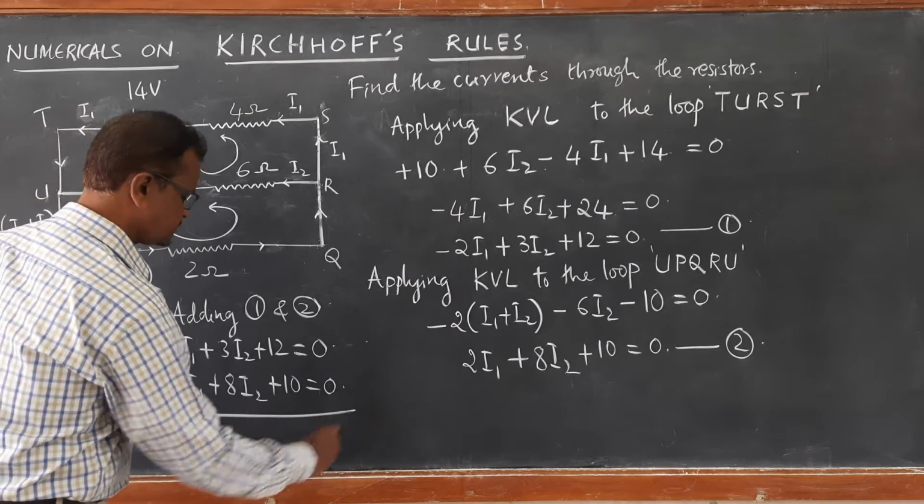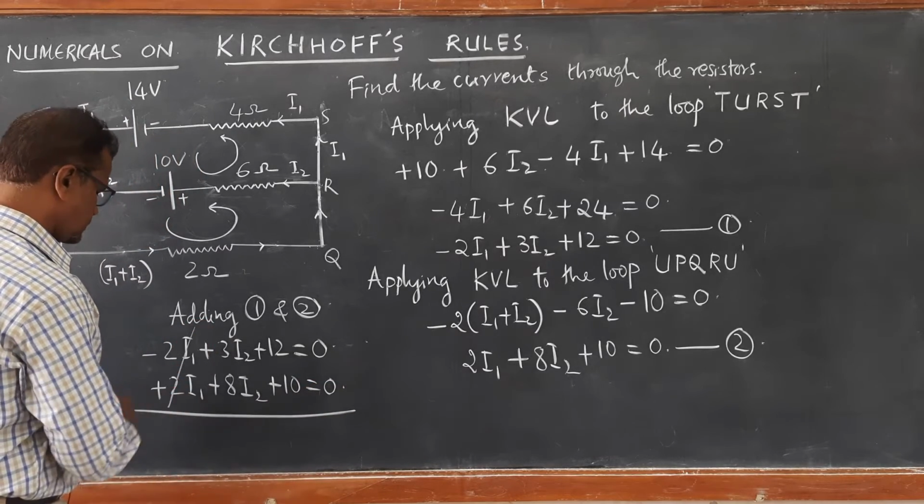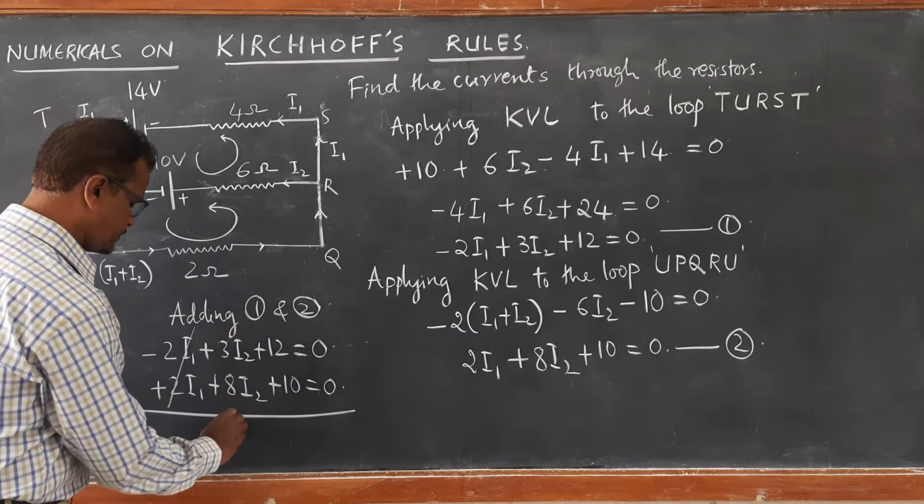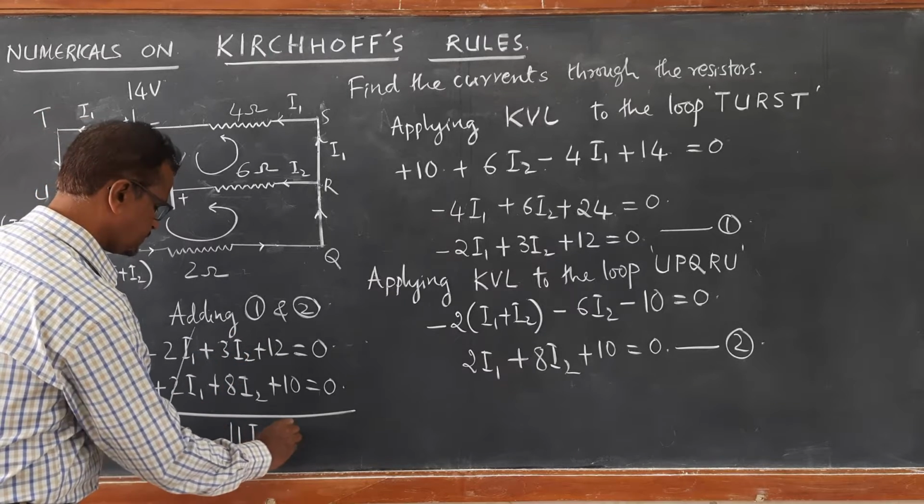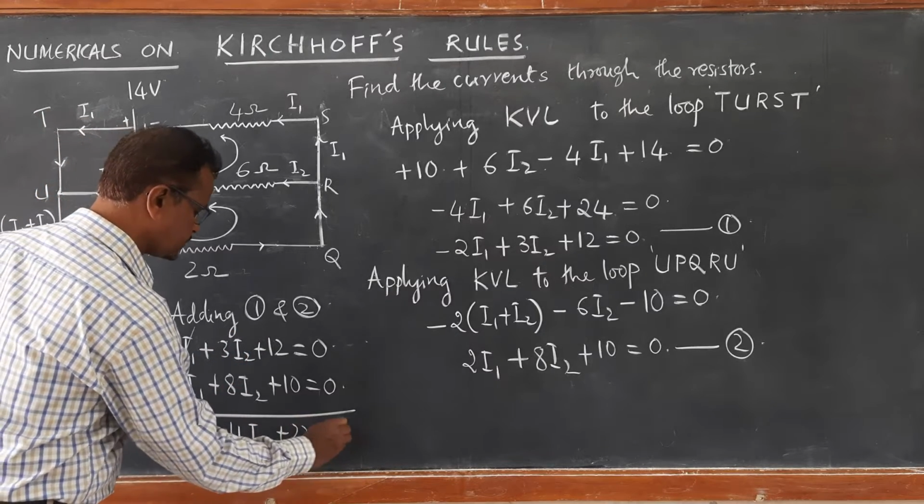Adding these, we get 11I2 plus 22 equal to 0.